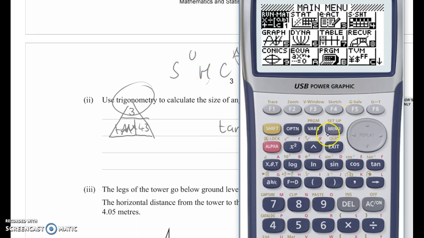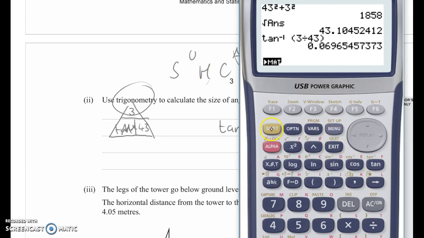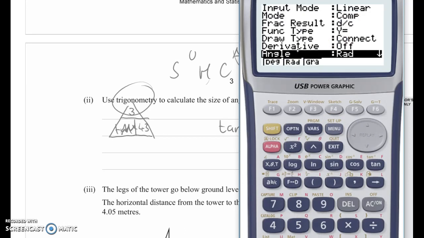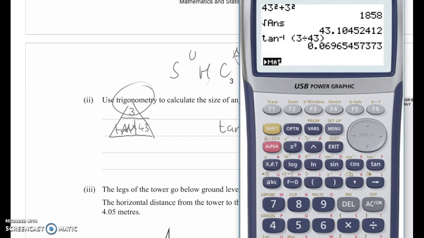I probably should check what my calculator's in. Shift setup, I've got it in radians, that was why it looked funny. So if I just go down to there and I go to degrees, and I go enter again, it's going to give me the actual angle. So 3.99 degrees.